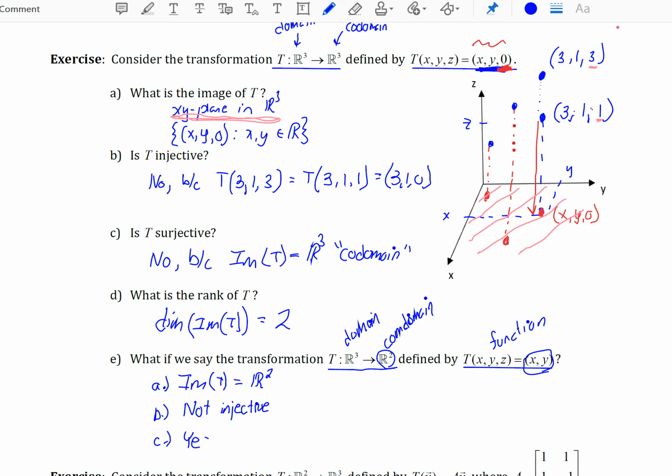Now I would say yes, because the image of T is equal to R2, which is our codomain. So notice that changing how our transformation is defined did change our statements about the image and whether or not it was surjective, but it did not change our decision about being injective.